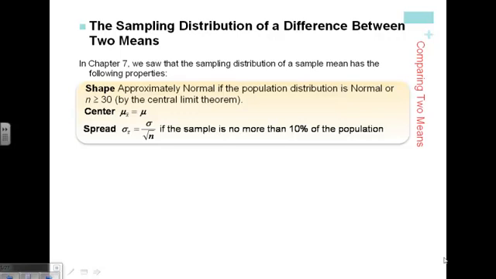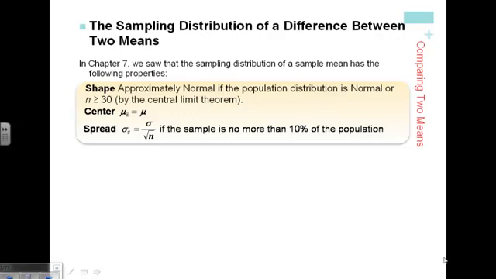Second thing, if we pull a sample out of a population that's not normal, the distribution of those sample means, the distribution of X bars, can be normal as long as the sample size is big enough. The central limit theorem. So, when we talk about the distribution of X bars, we've got the shape nailed. It's either going to be normal because the population is normal, or it's going to be normal because the sample size is big enough and the central limit theorem kicks in.